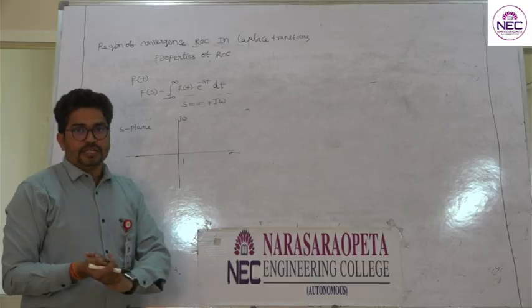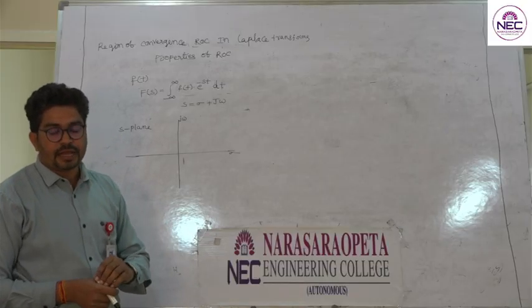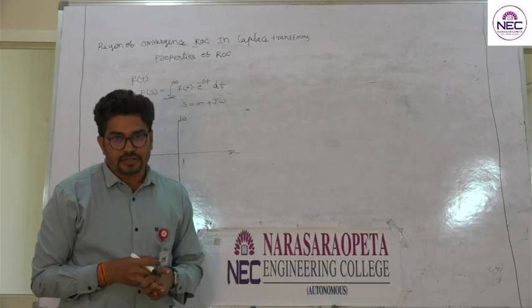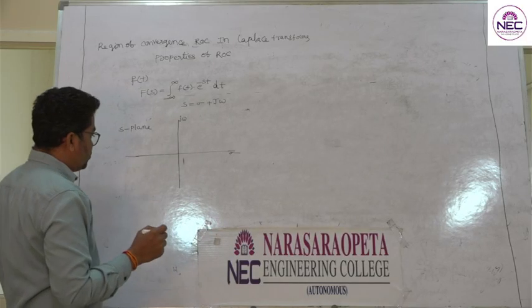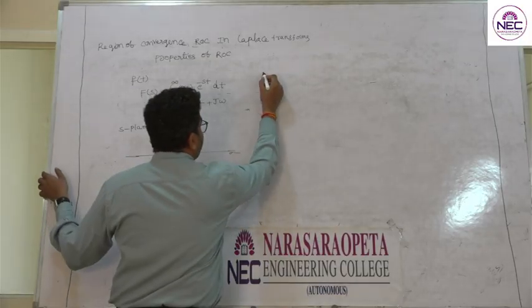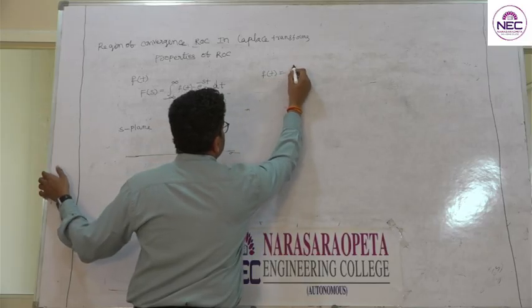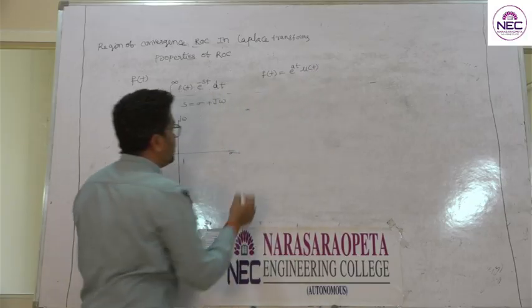ROC, region of convergence: the region at which the Laplace transform exists or converges is called the region of convergence. Suppose one example, f of t is the signal e power at into u of t.